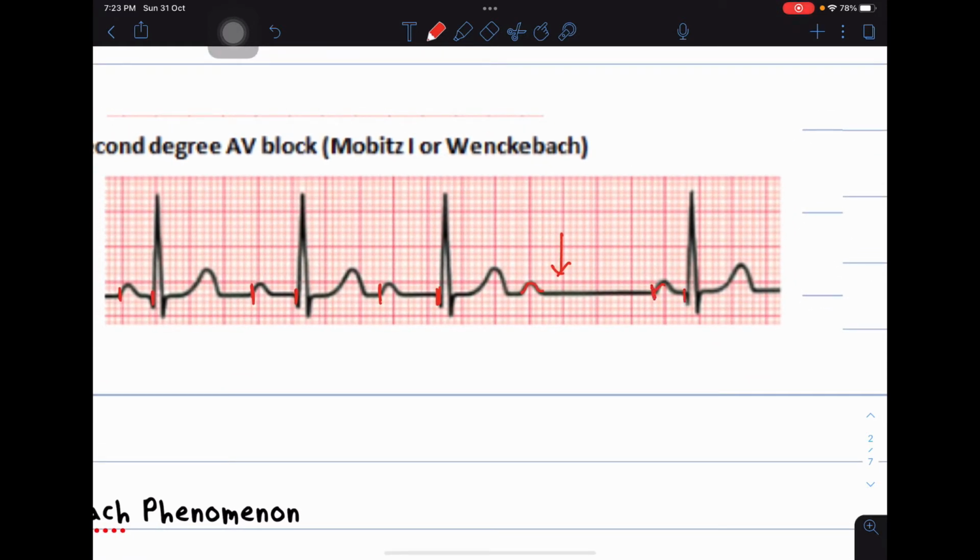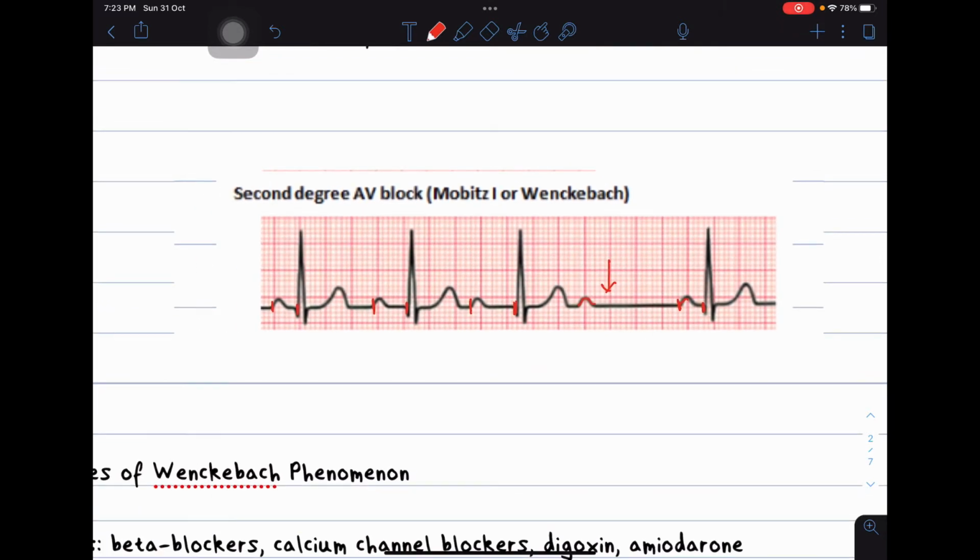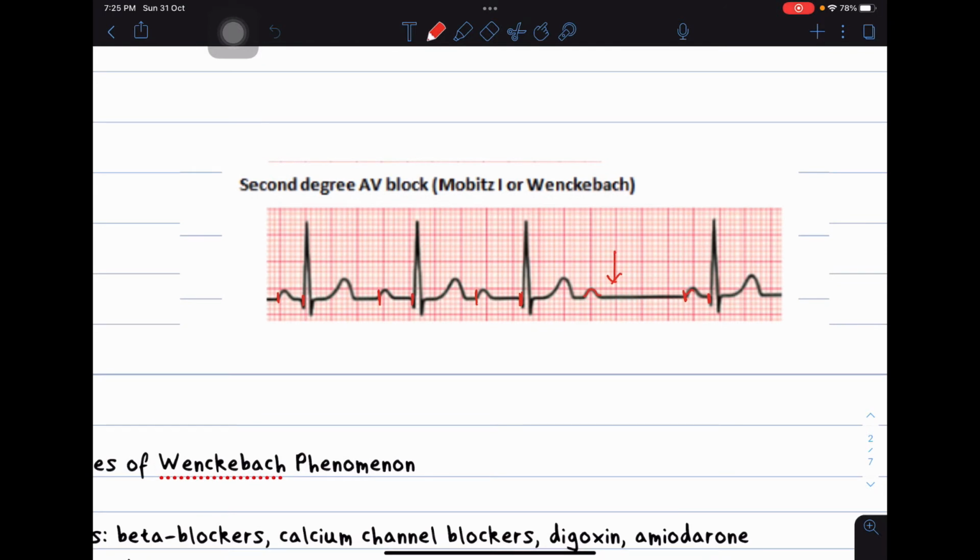From here till here, the PR interval is not equal to the previous one. So the PR interval is longest immediately before the dropped beat. If this is the dropped beat, we see the PR interval is longest as compared to the previous one or the next one, and the PR interval is the shortest immediately after the dropped beat.